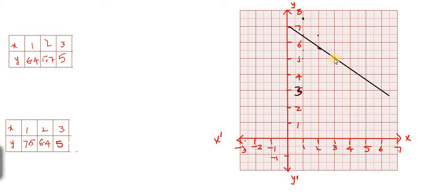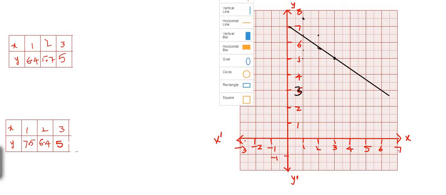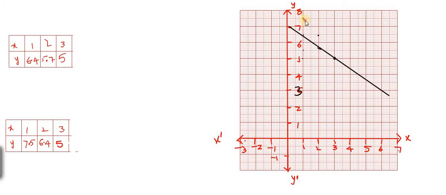Okay, so next is 3 comma 5. Next point. So join all these 3 points. Extend this line. Okay, so this is the point of intersection. This is 3 comma 5.